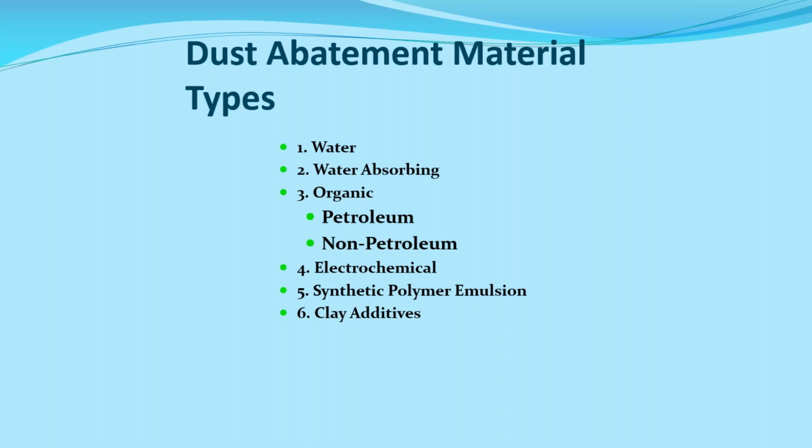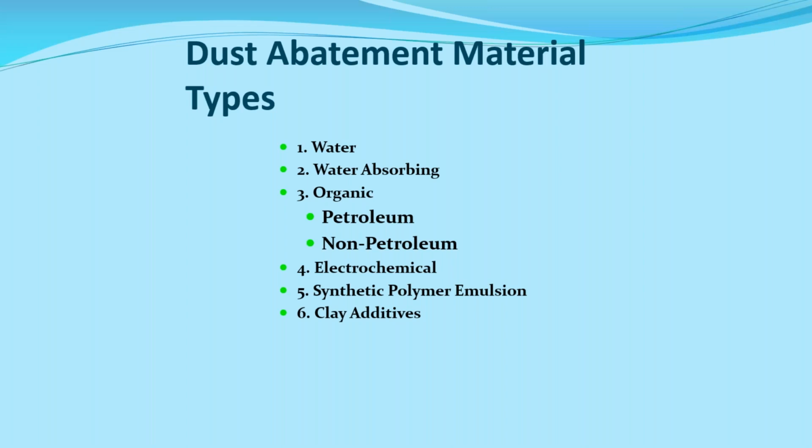Those items like fry oils, you know, the corn oils, the beet juice, a number of those other types of products, and we'll look in that more detail here in a little bit. Then there's also the electrochemical chemicals.